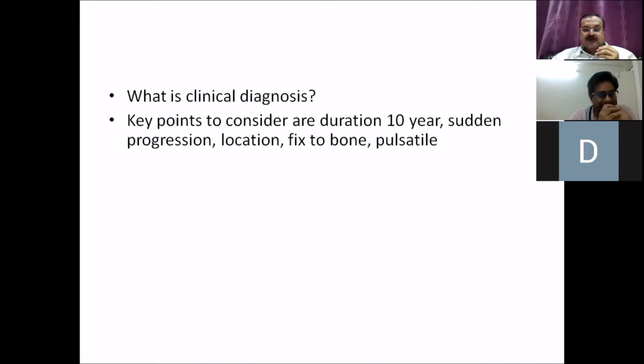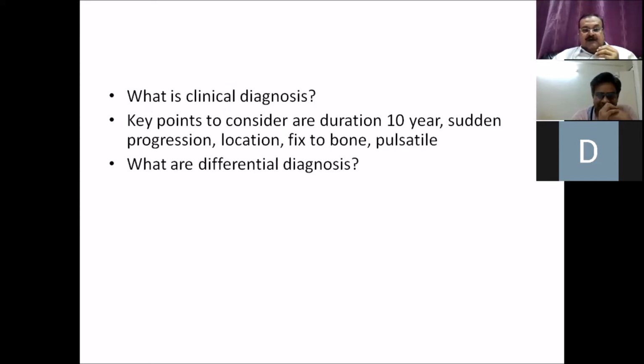Tumor is fixed to the bone. Fixed to the bone means that it is arising from the bone, most of the time, and it is pulsatile. So these are the key things that you have to keep in mind when you are attempting a diagnosis.